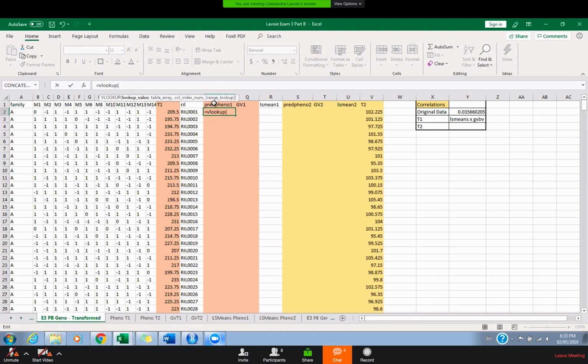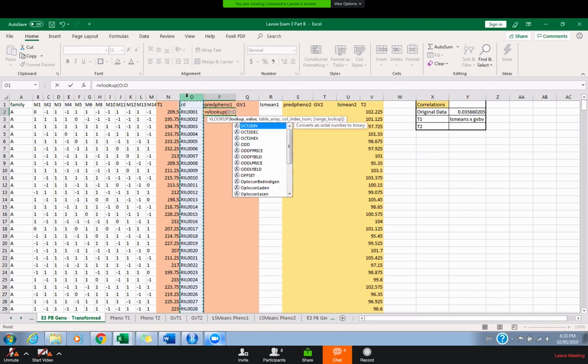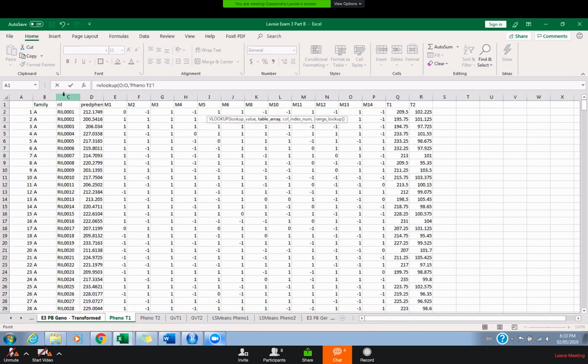Actually, it might be easier. So you highlight your real column, and then comma, and then do you know which tab you have to go to? This is the phenotype one for trait one. Predicted one. Yep.